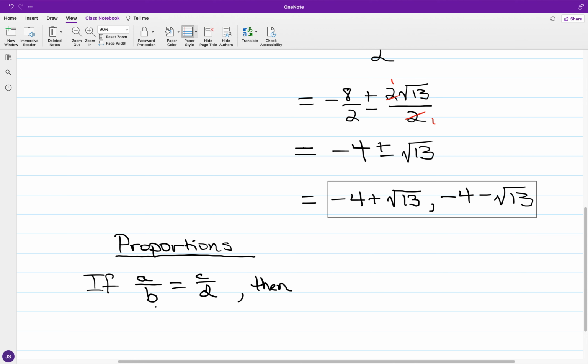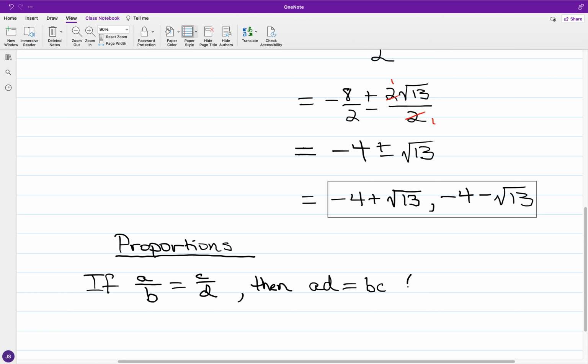So in the case of A over B equal to C over D, you're going to have that A times D, first numerator times the second denominator, is equal to what we have interacting between the second numerator and the first denominator.